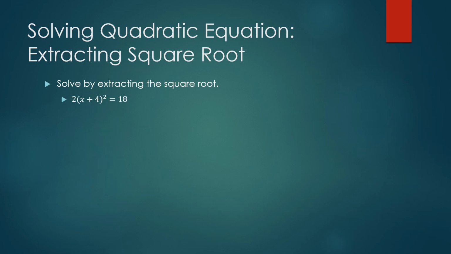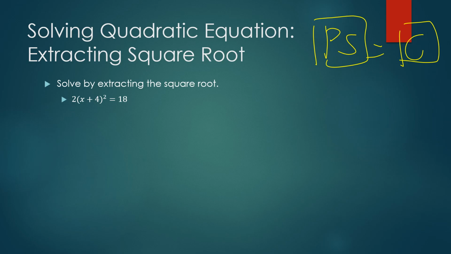Okay, so here there's no need to kick a number out to the other side because there is already a perfect square equal to a certain constant. So we can just divide both sides by 2. Dividing both sides by 2, we'll have x plus 4 squared equals 18 over 2, which is 9. So a perfect constant.